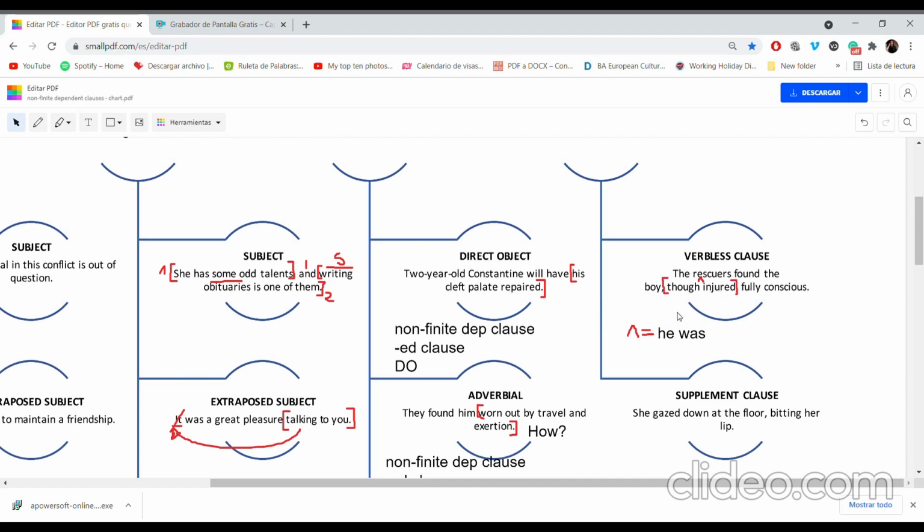So as this is a verbless clause because it doesn't have a verb, we cannot categorize that into non-finite clauses, at least for this book that we are using. So every time you find a verbless clause, a clause that may have a subject and a verb, but it's elided or eliminated for the purpose of ellipsis, in that case you will have a verbless clause.